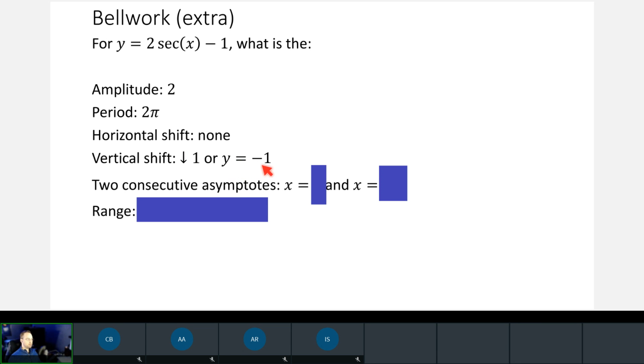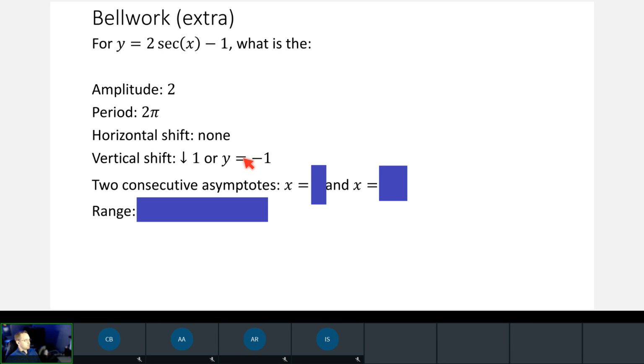The reason why they do that is the vertical shift determines the midline of your graph. So in this case, at y equals -1, that's the horizontal line. That's where basically you have your reflection over, in a way, but not a true reflection. But that is the midline.